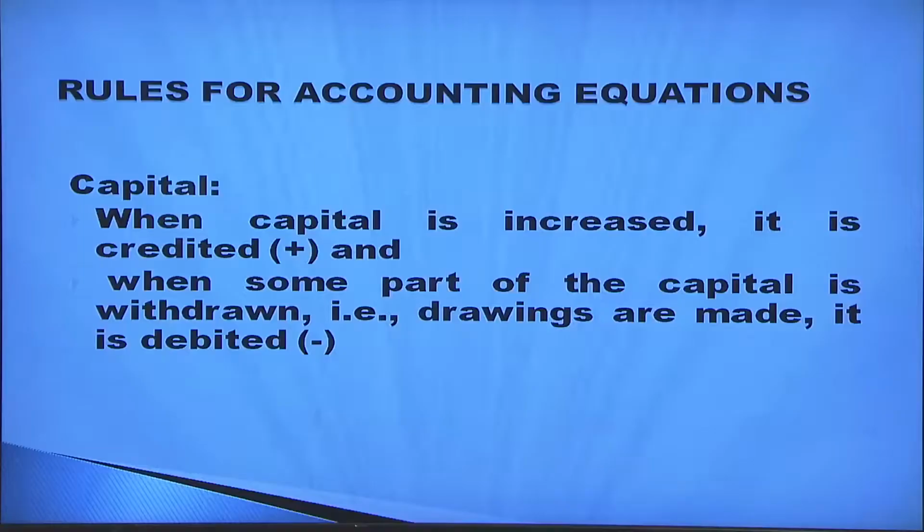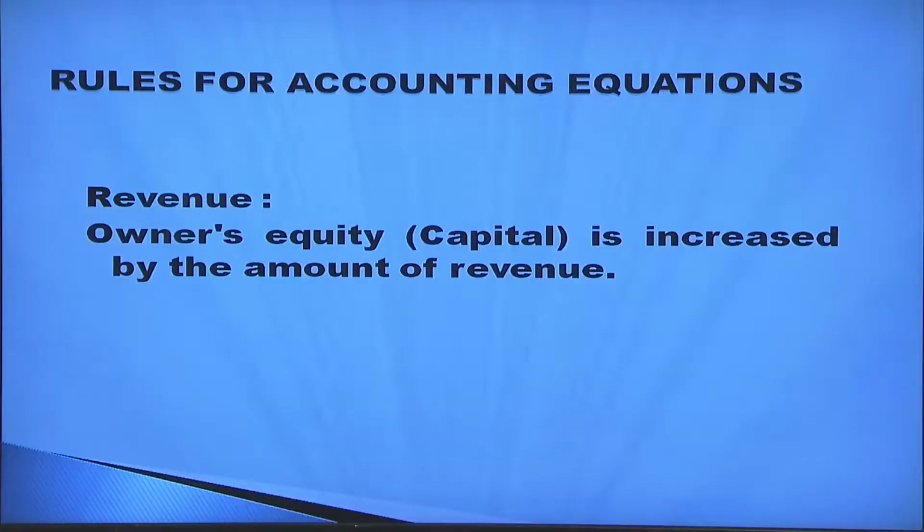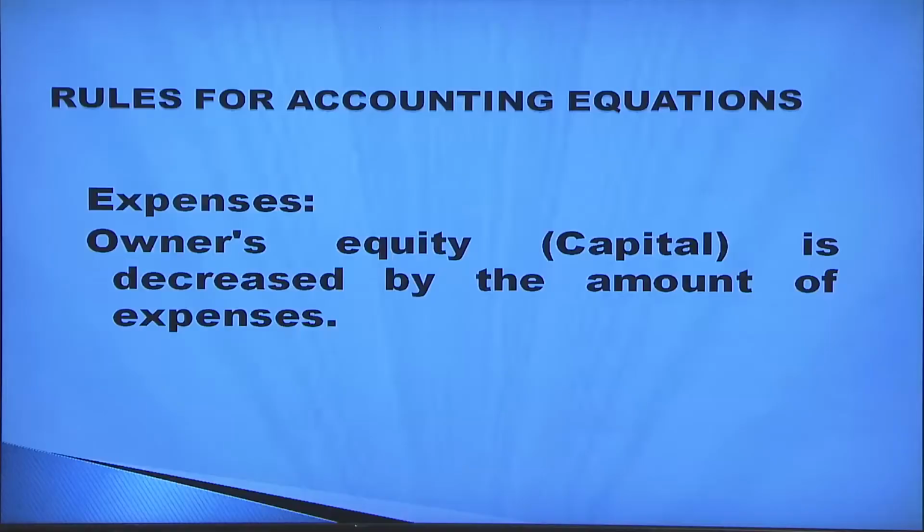In the accounting equation, what can be the rules? When capital is increased, it is added, and when some part of the capital is withdrawn in the form of drawings, it is deducted in the capital column. Income or revenue: owner's equity is increased by the amount of revenue. Expenses: owner's equity is decreased by the amount of expenses.